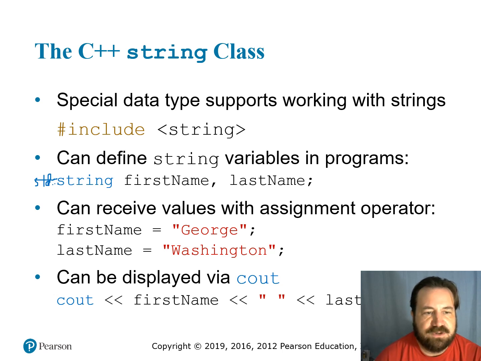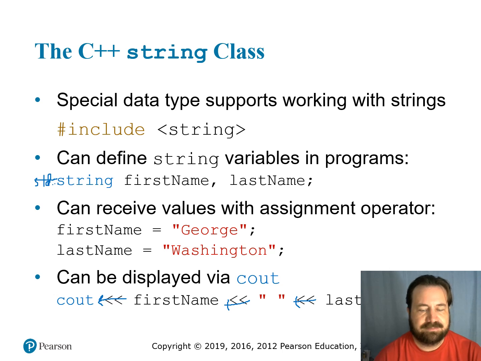So assuming you've used namespace std, you can just type string firstName and you've defined a variable called firstName. String variables can receive values in the same way that int variables can. You just put the string, equals, and then a string literal. So if first name was assigned George and last name was assigned Washington, we can also use the stream insertion operator to stick firstName into cout, and then a string literal space, and then lastName.